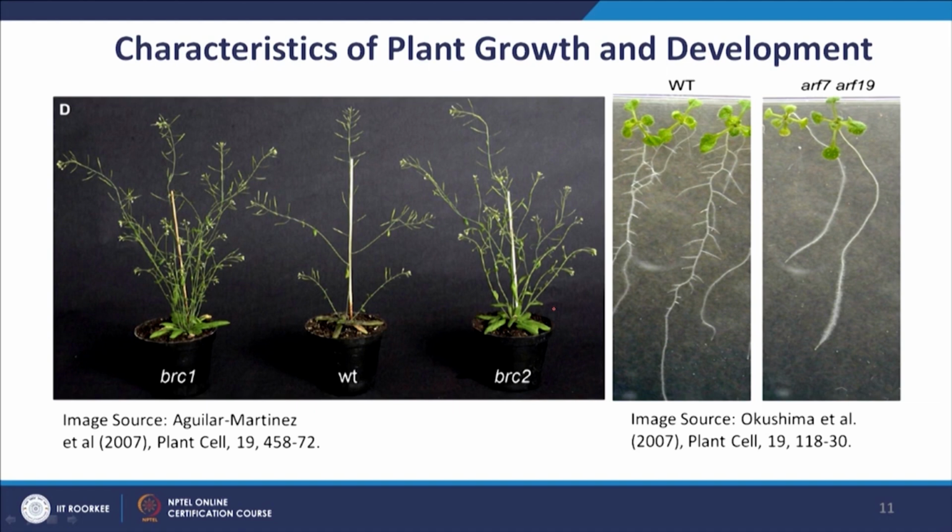It is evident by the fact that these mutants are making shoot as well as root tissues, primary root tissues. But what is more important, if you look at the wild type, at this stage the wild types have made a lot of lateral roots, but these mutants do not have any lateral roots, which tells that there is a specific genetic regulatory module, or a regulatory program, which is very specific for lateral root development or for branching, and which is independent of the program which is regulating primary meristematic activity.